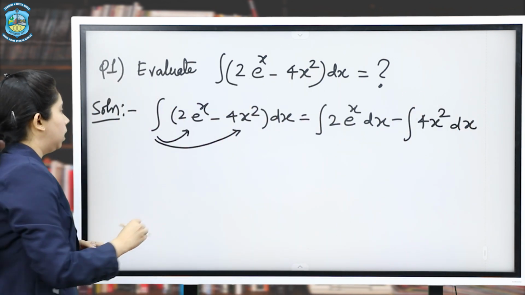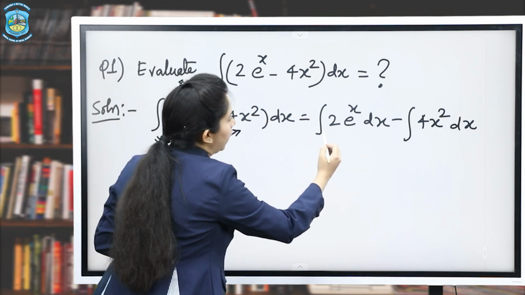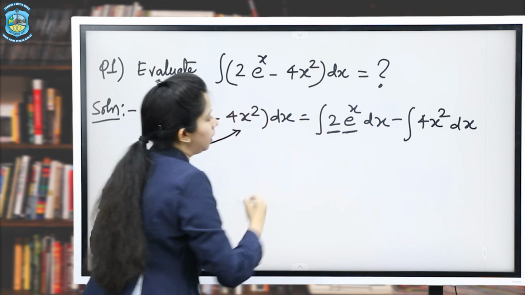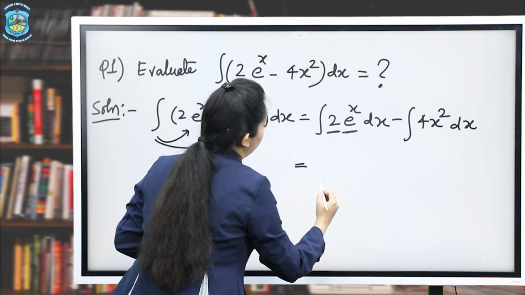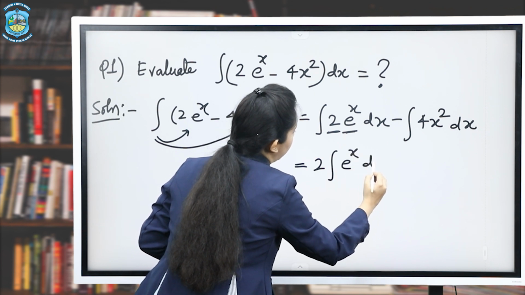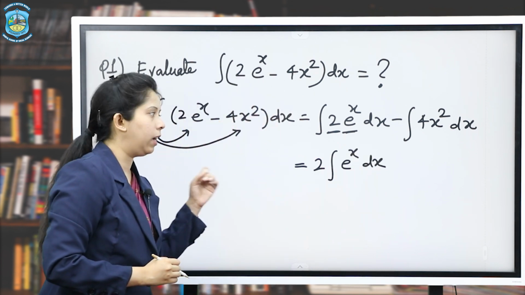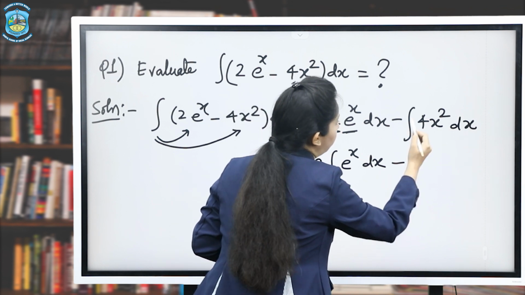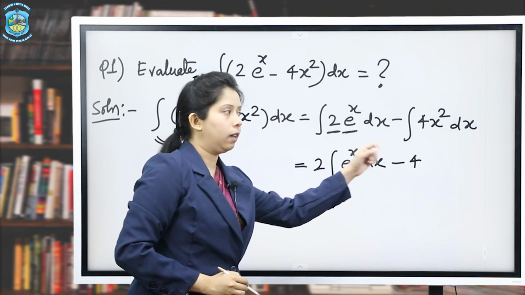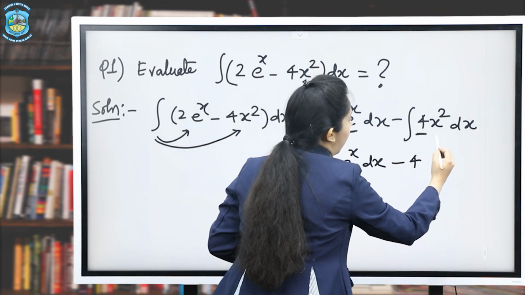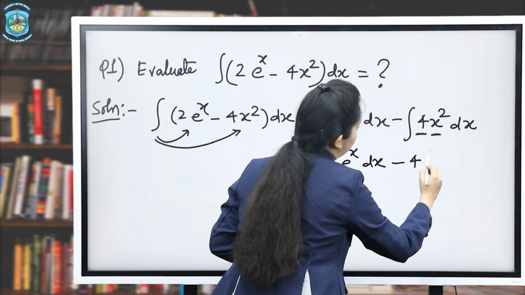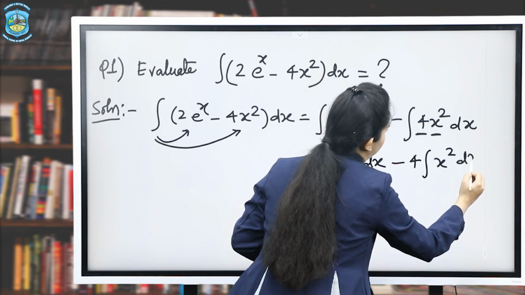Now, as we know, the integral of the product of a constant and a function is equal to the constant times the integral of the function, by the general property of indefinite integrals. Similarly, for the second term also we will apply the same property.